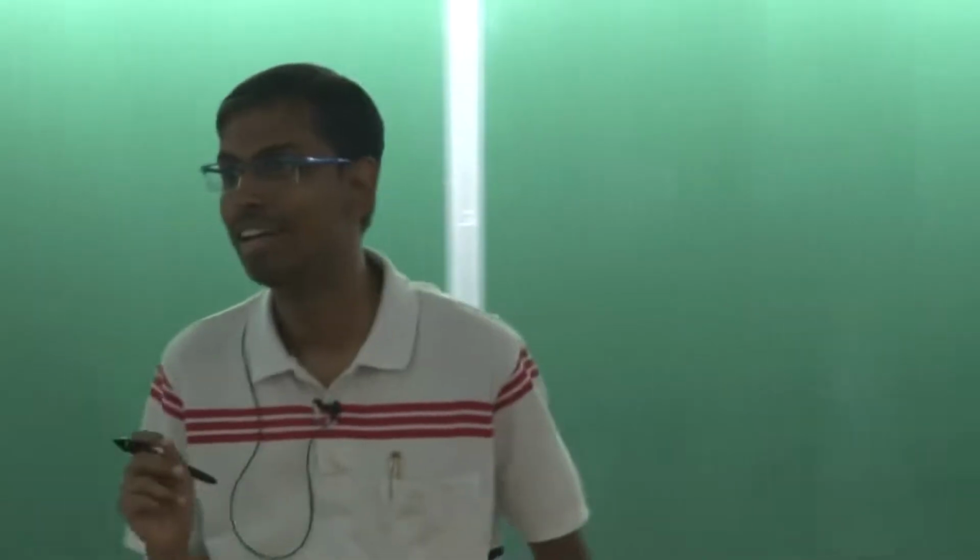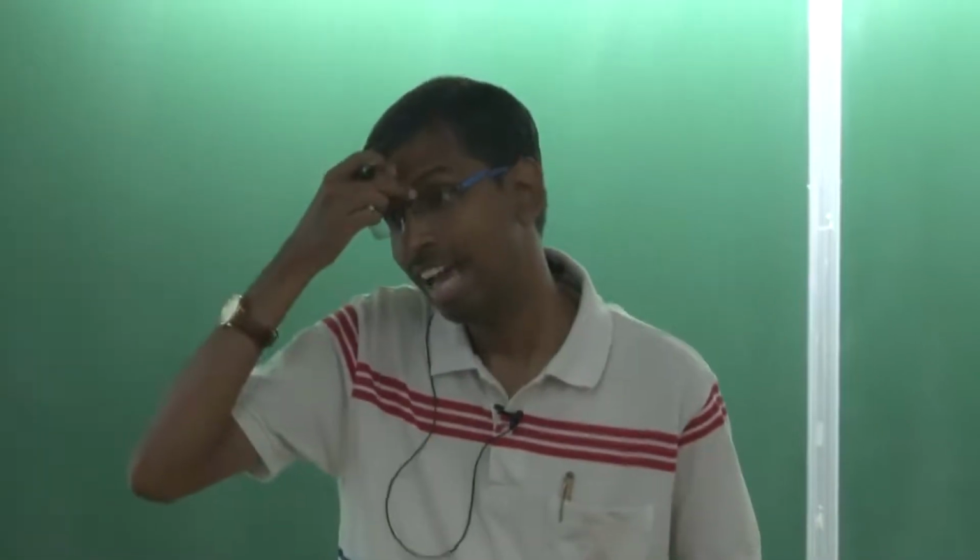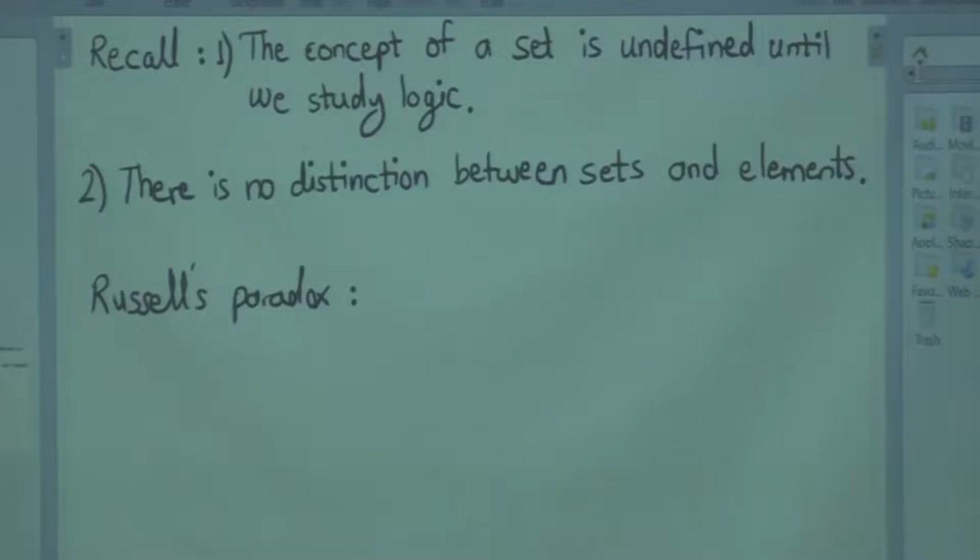If he shaves himself, then by his principle he is not allowed to shave himself. And if he doesn't shave himself, then his principle forces him to shave himself. You understand? This is called Barber's paradox. There is something similar in set theory.